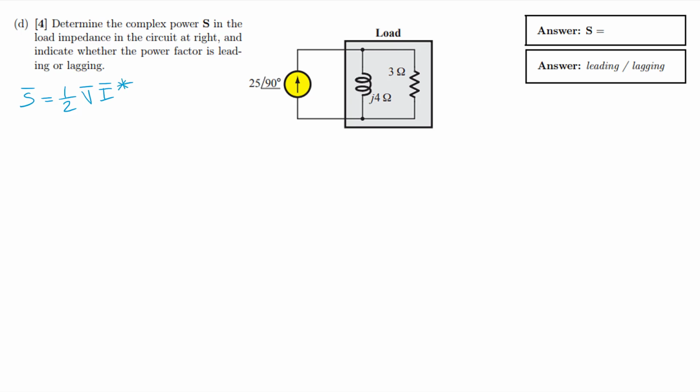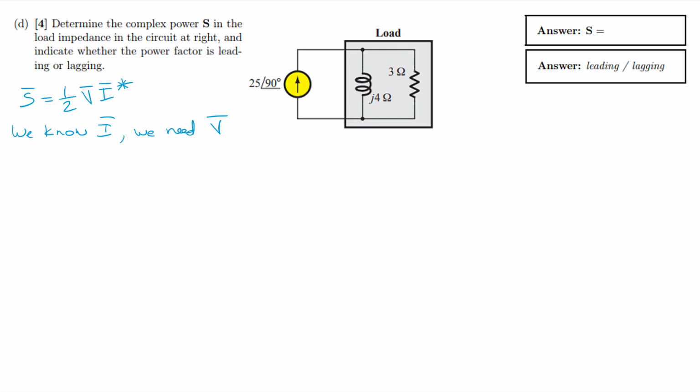Okay, so now that we know what the complex power is supposed to be, we need to find its parts. We know the phasor current I, and we need V, the phasor voltage.